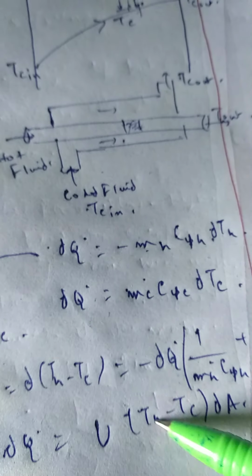We get d of (Th minus Tc) by (Th minus Tc).